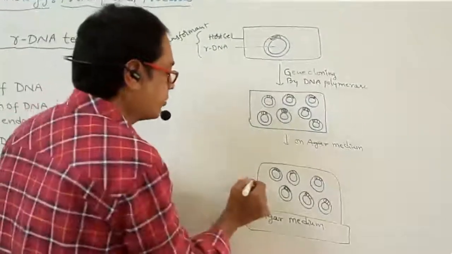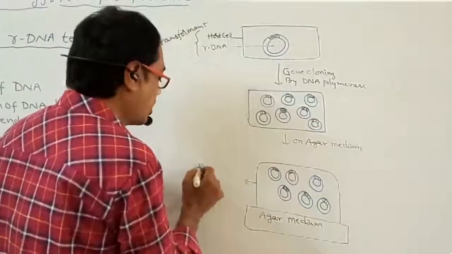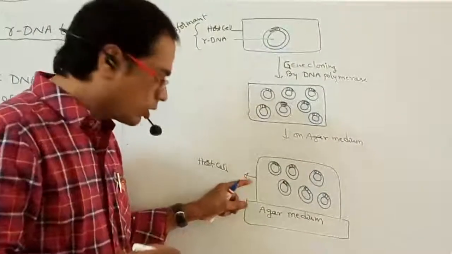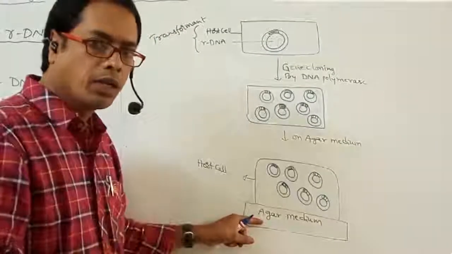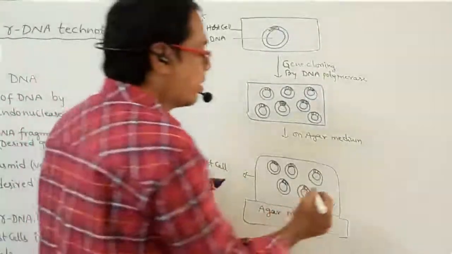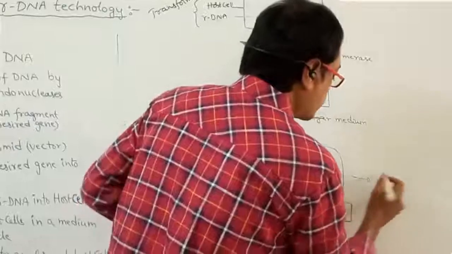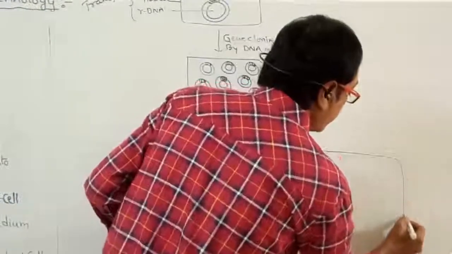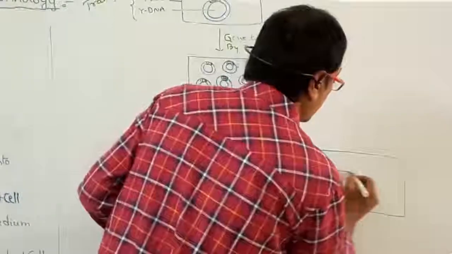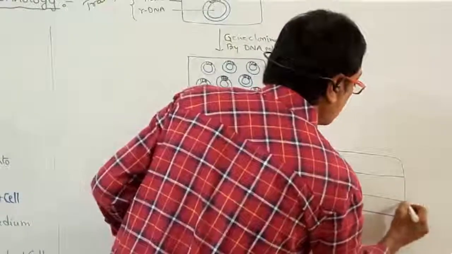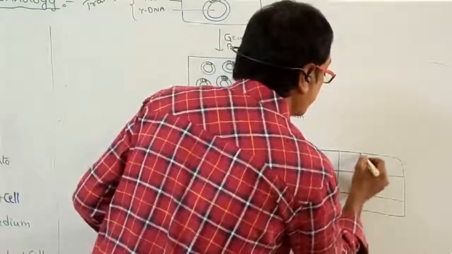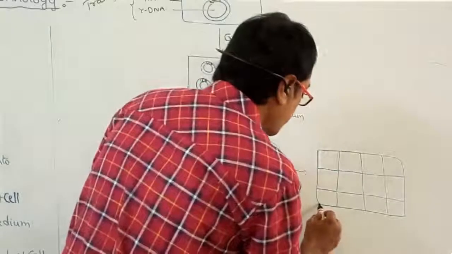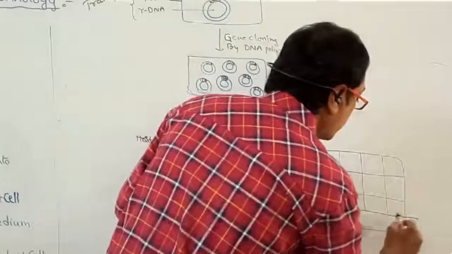Here this is the host cell. One host cell is present. This agar medium is useful for multiplication of host cells. That means the number of cells will be multiplied. And this is the agar medium only.